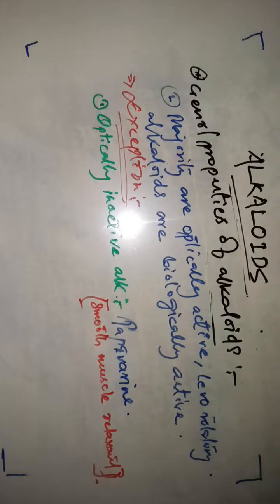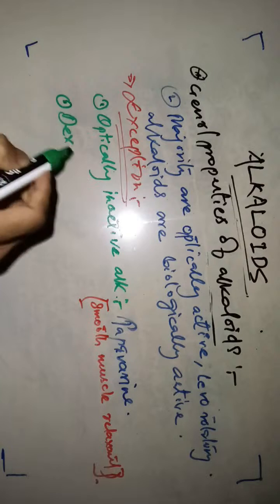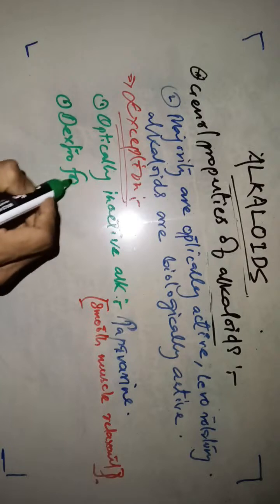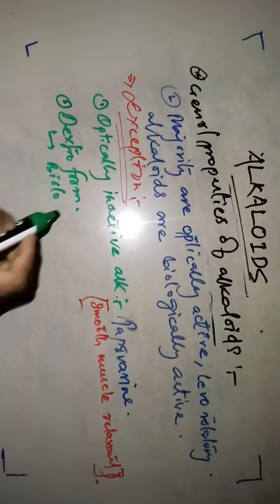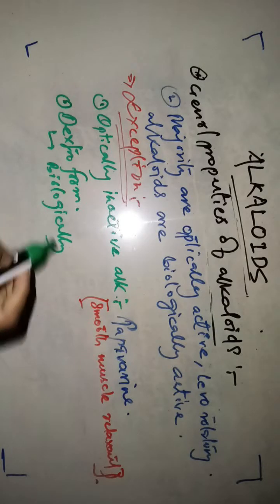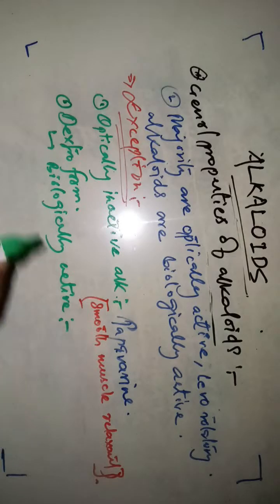Number two, the dextroform is biologically active. The exceptions for dextroform: D-pilocarpine and D-tubocurarine.